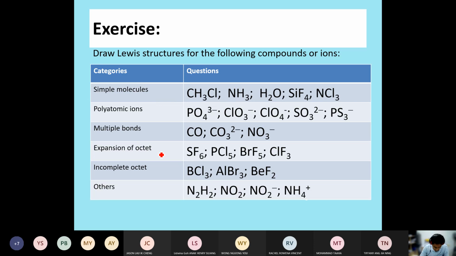So it will be CH3Cl, ammonia, water. Okay, I will not show all of these, and then chlorate, phosphate as well I can show. Multiple bonds we can do.